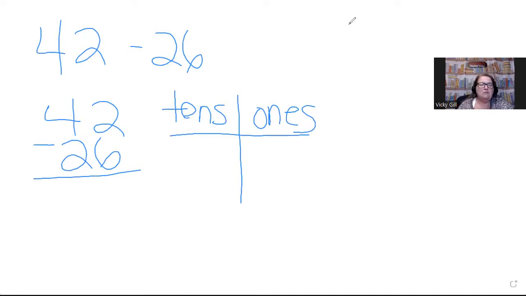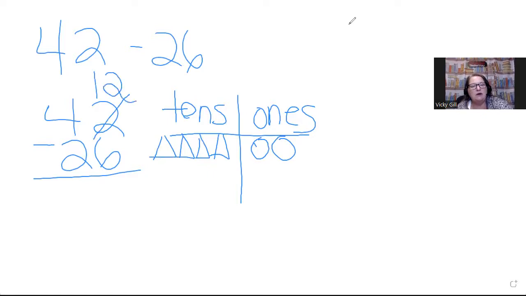Let's see. For tens, I need 4 tens. I'm going to use 4 triangles: 1, 2, 3, 4. And for ones, I'm going to use circles: 1, 2. Okay. So I'm going to have to make this a 12.